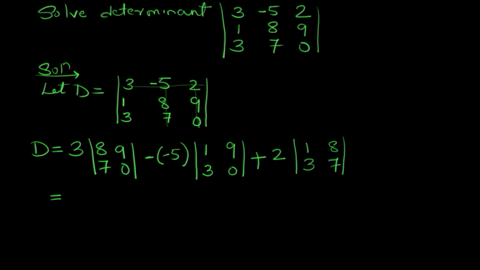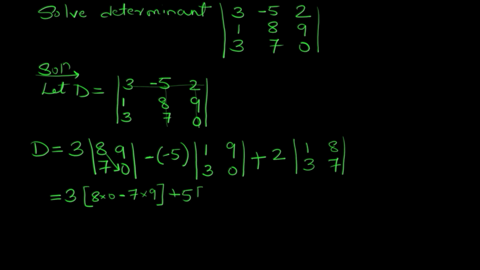Now solve the determinant. For 3, multiply 8 into 0, minus 7 into 9: 8 multiply 0 minus 7 multiply 9, bracket close. Same for minus minus 5.